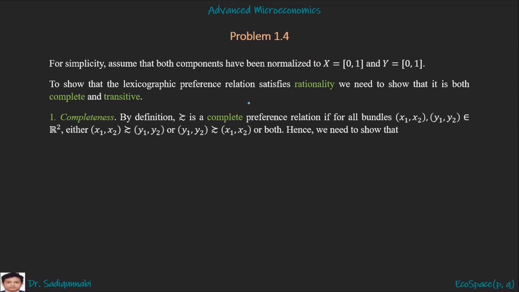Either X is weakly preferred to Y, or Y is weakly preferred to X, or both. If this is true, then the preference relation is complete.